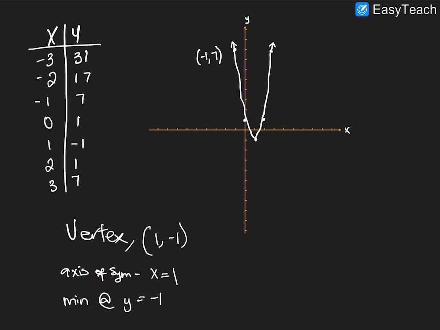Your teachers are pretty much not going to give you labeled points, but they will usually make sure that they're in a nice spot on the graph. So here we have 3 and 7, 0 and 1, 2 and 1, and 1 and negative 1. Okay, so those are our points on this graph, and that is it for this video.